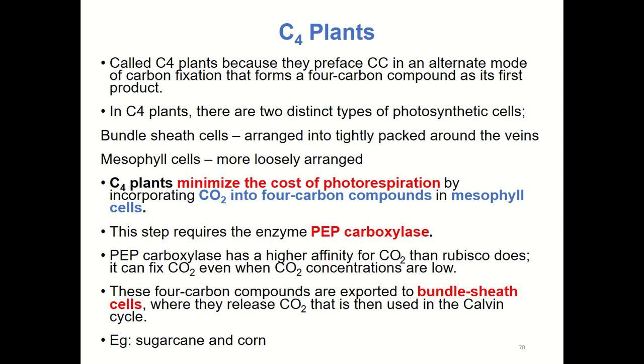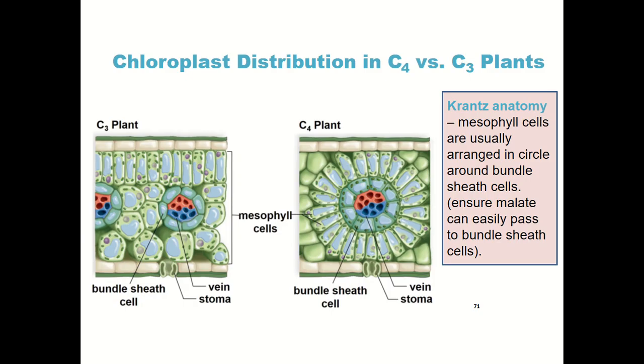Therefore, they can fix carbon dioxide even when carbon dioxide concentrations are very low. These 4-carbon compounds are exported to bundle sheath cells, where they release the carbon dioxide that is then used in the Calvin cycle. Examples of C4 plants are sugarcane and also corn.